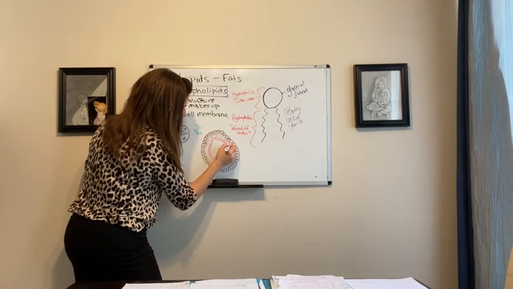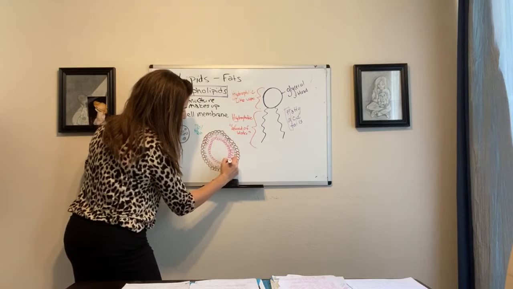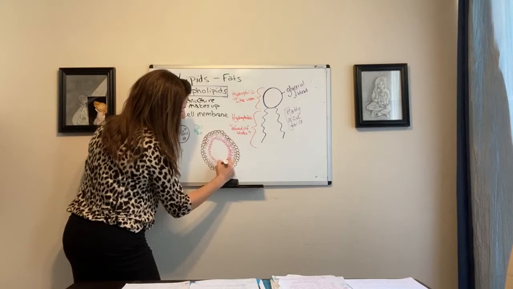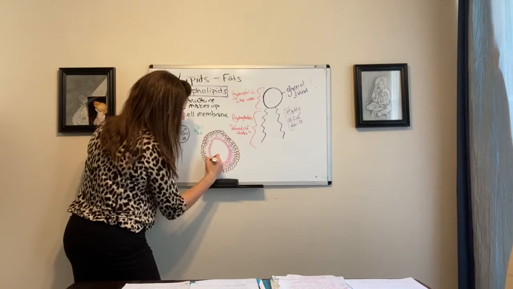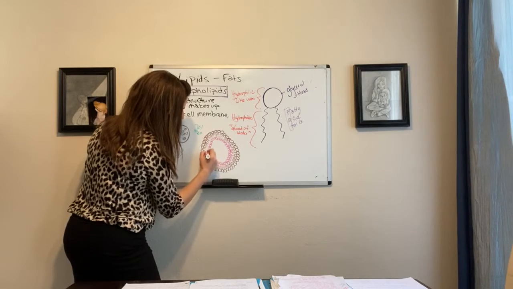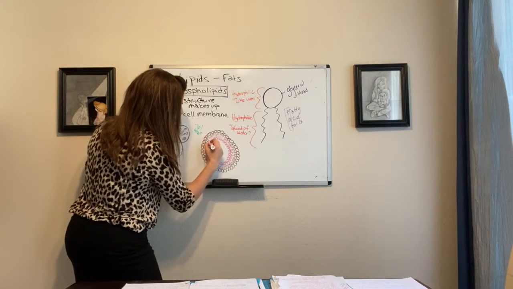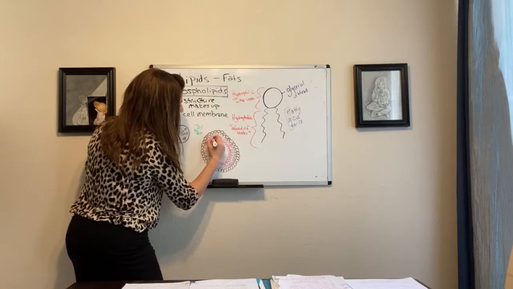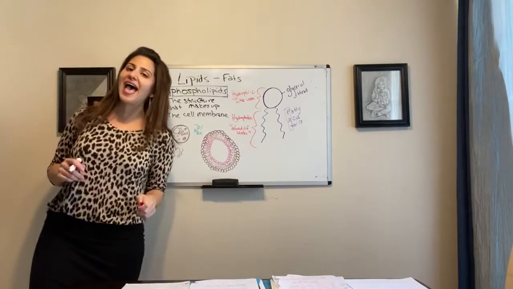And if you notice something very interesting, these glycerol heads are in contact with the inside water. The fatty acid tails, however, where are they? The fatty acid tails are sandwiched in between the two glycerol heads.